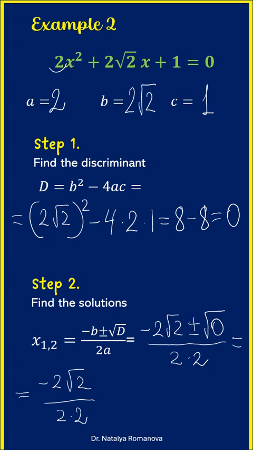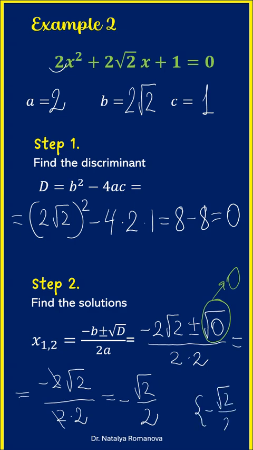Just to remind you, square root of 0 is 0. We can cancel out 2, and we have negative square root of 2 over 2. It is the real solution of our equation. So you can write the answer: negative square root of 2 over 2.